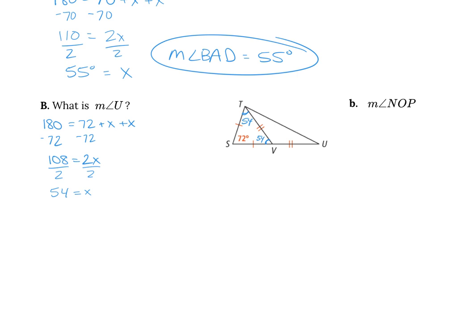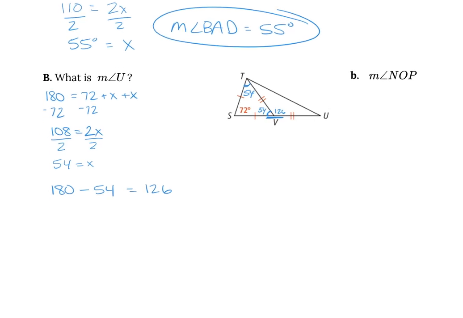I need to find this angle now. I know that these two added together would add up to 180. So I'm going to take 180 and subtract the 54 that I just found, which will get me 126. So this angle right here, I found to be 126. Now I know all of the measures inside of my other triangle are 180 degrees.